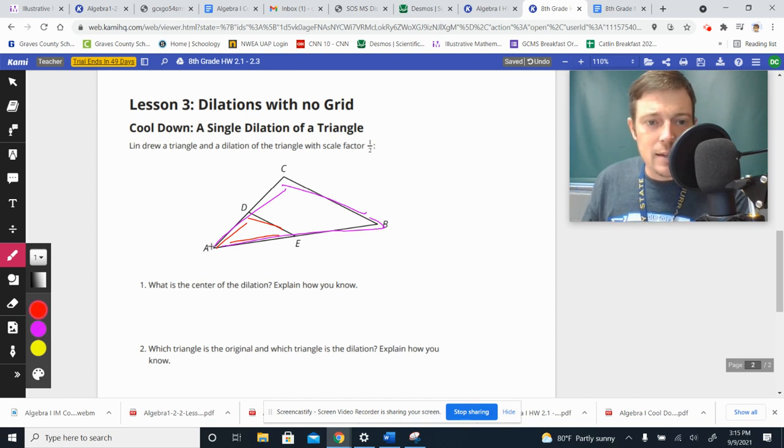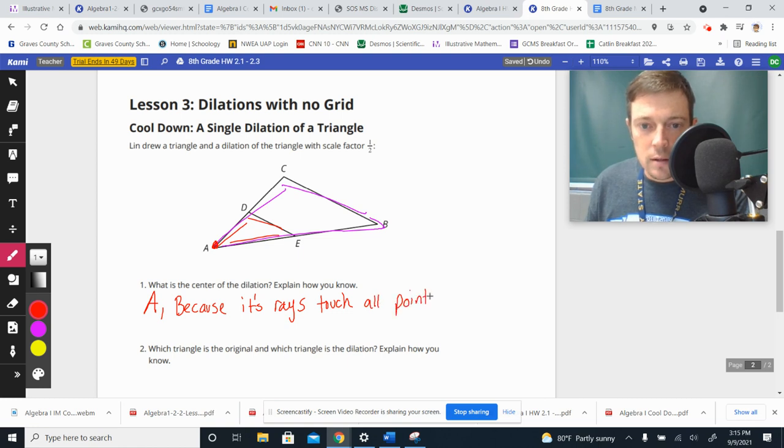And so in this case, A is the proper choice for your center because when you think about the rays that come out of A, its rays touch all points involved. And if you look at the other points that are around here, B does not touch all of them. D's left out. E does not touch C, and so on and so forth. So you're going to have some left out points if you do that.